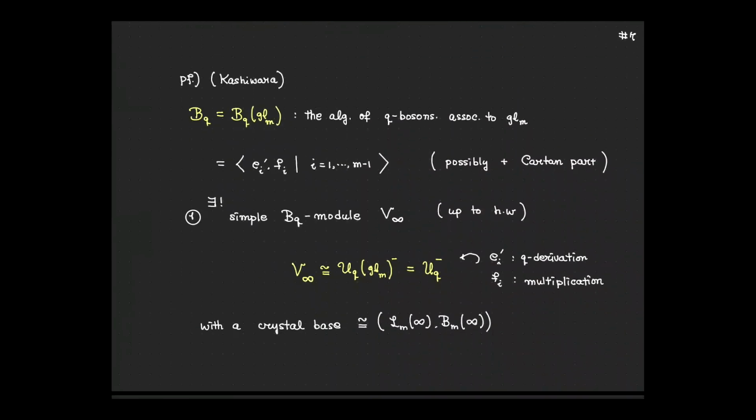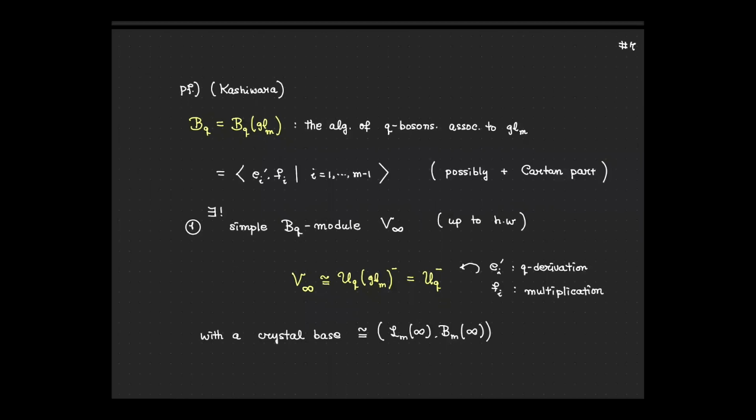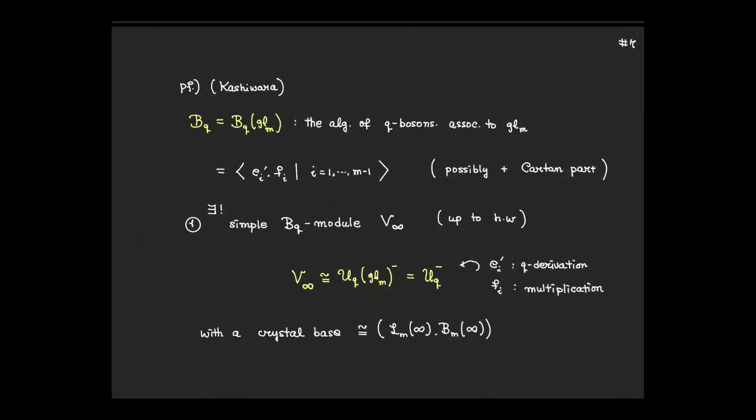Okay, so for the later arguments, let me briefly review how it can be proved. It's basically given in the first paper by Professor Kashiwara and Duke about the existence of the crystal base for the Kashiwara algebra case. Okay, so we need another algebra, the so-called algebra of q-bosons.